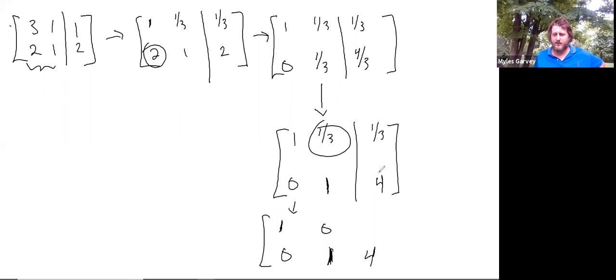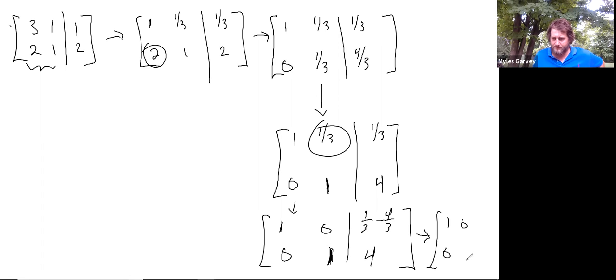Then we have minus 1/3 plus 1/3, so that's 1/3 minus 4/3, minus 3/3, which is minus 1. And here we get 4.